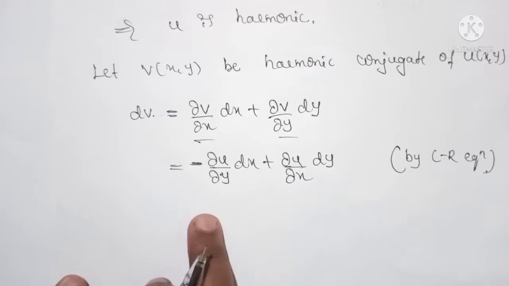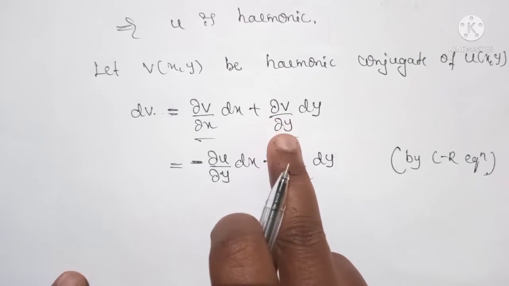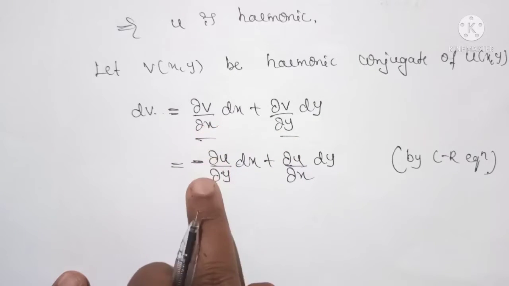By the CR equations we have dou u by dou x equals dou v by dou y and dou u by dou y equals minus dou v by dou x.